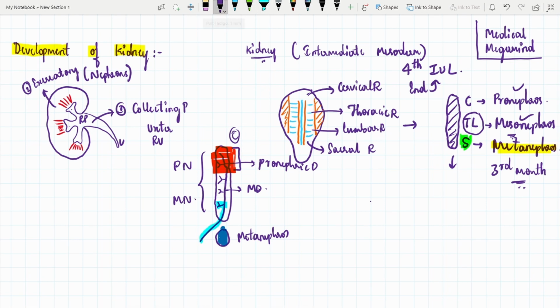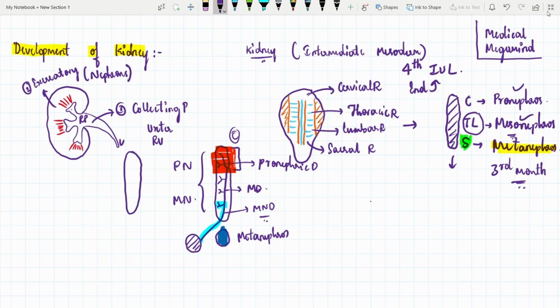Okay. Now, the mesonephric duct that is persisting is connected to the urogenital sinus. This is the urogenital sinus. So you are thinking, of course, you know there are kidneys on both sides, right? So this is the other side of the duct.